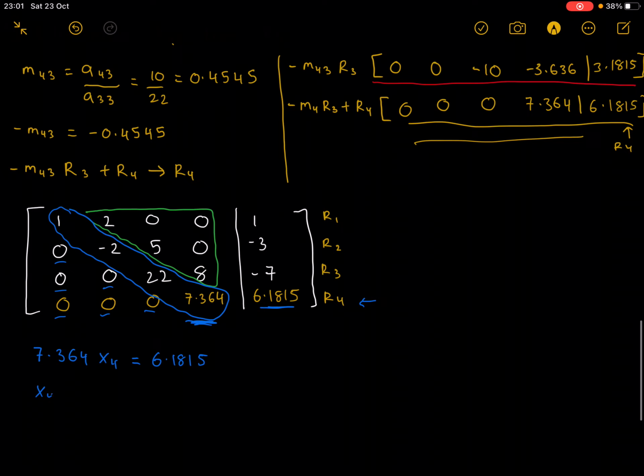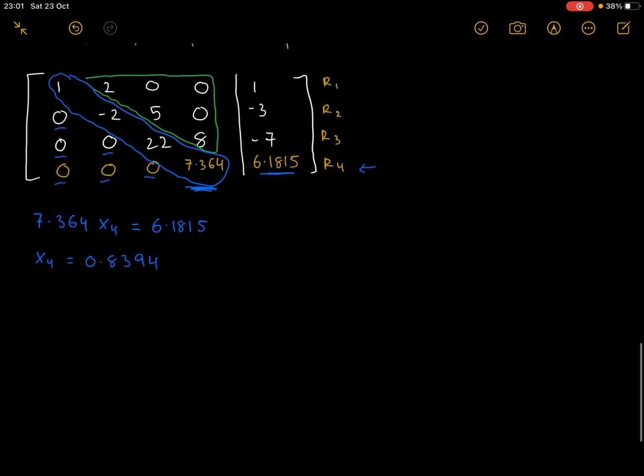So x4 is equal to 0.8394. Now we have already got the value of x4. Then we're going to change to this row now.